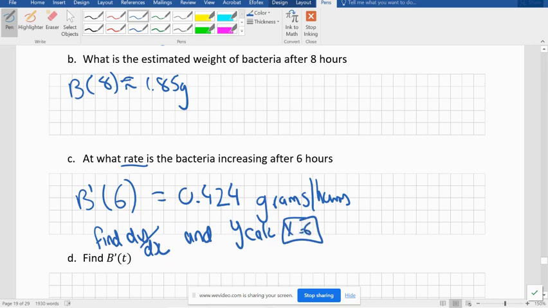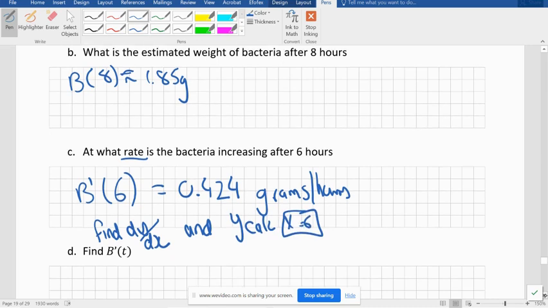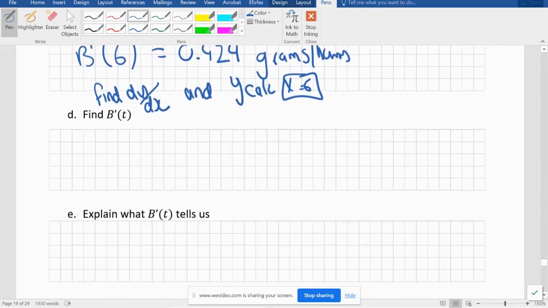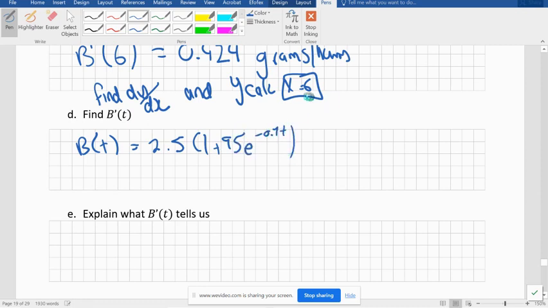All right. Find b dash t. Okay, sure, I'll do that. So our b of t looks like, I'll just rewrite it with a negative index. So all that stuff that was on the bottom, I'm just going to put it in a really big bracket, all to the -1. So if we go b dash t, we actually just got a chain where really the -1 will just come out the front.